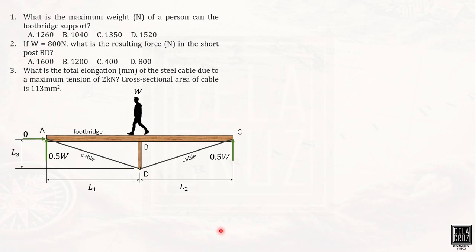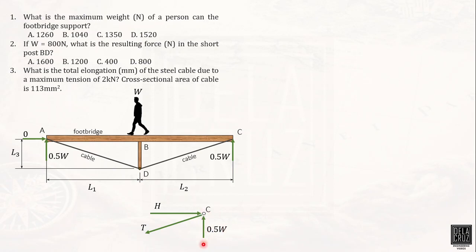Now we can solve this since we are given the maximum tension. Our assumption here is that the members are axially loaded, so it is like a truss analysis, by method of joints at joint C. These are the forces involved at joint C. We have the tension on the cable, which should be going away from the joint.